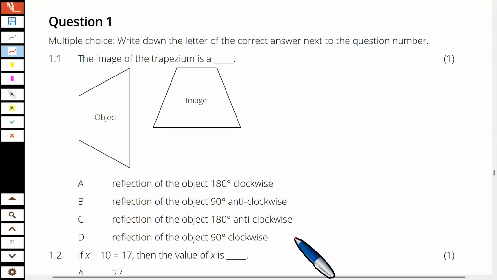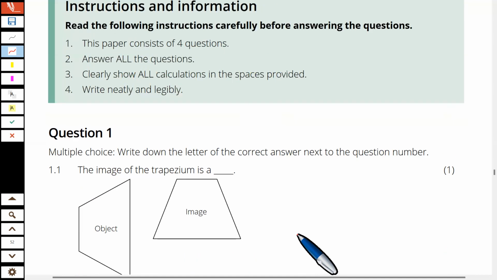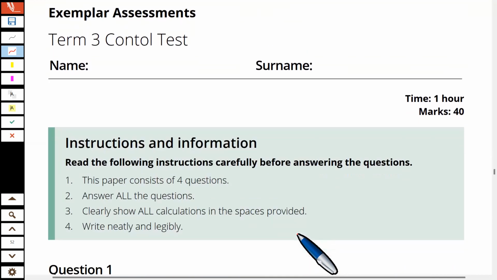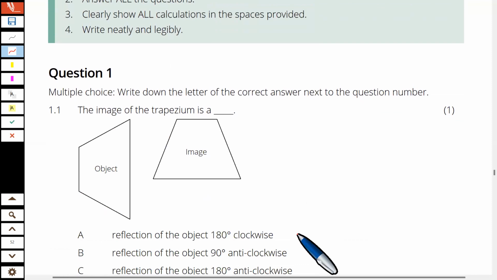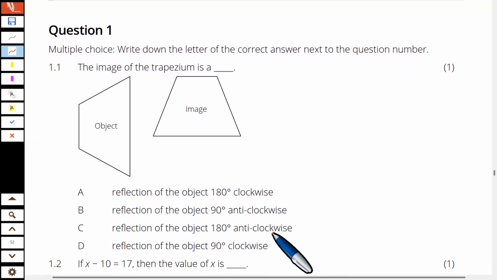Okay, just a sec, I'm here. Right, so we're looking at this question one, and we're getting back to these questions to make sure that we are on point. This is part of what I term a control test.